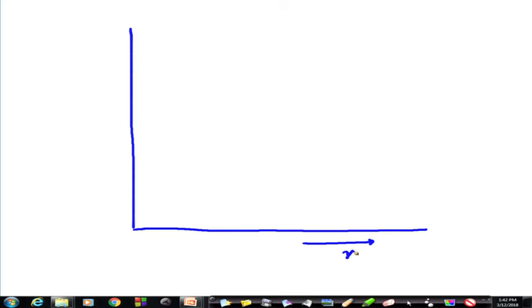Sometimes I do not have the function, but I have got some data, right. So, here x and here is y, and I have got some data points. If I call it x 0, this is y 0. Next one could be here, x 1, it is y 1.